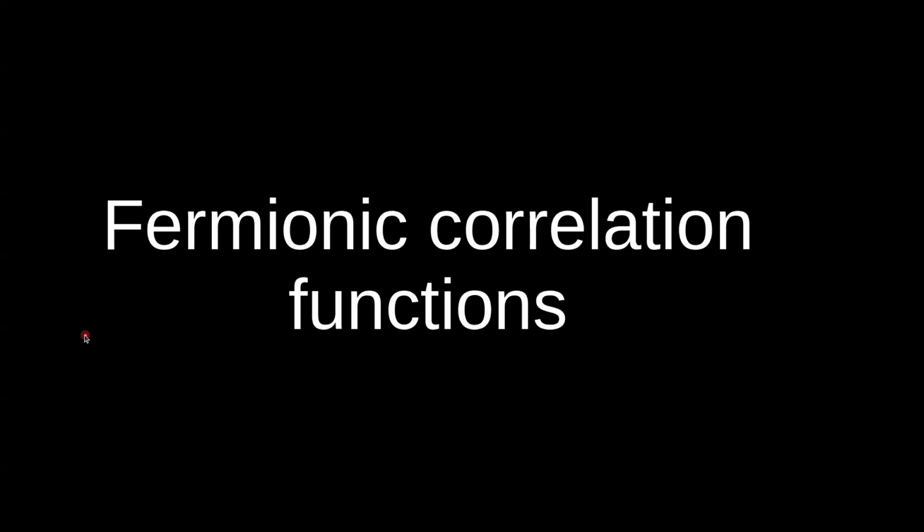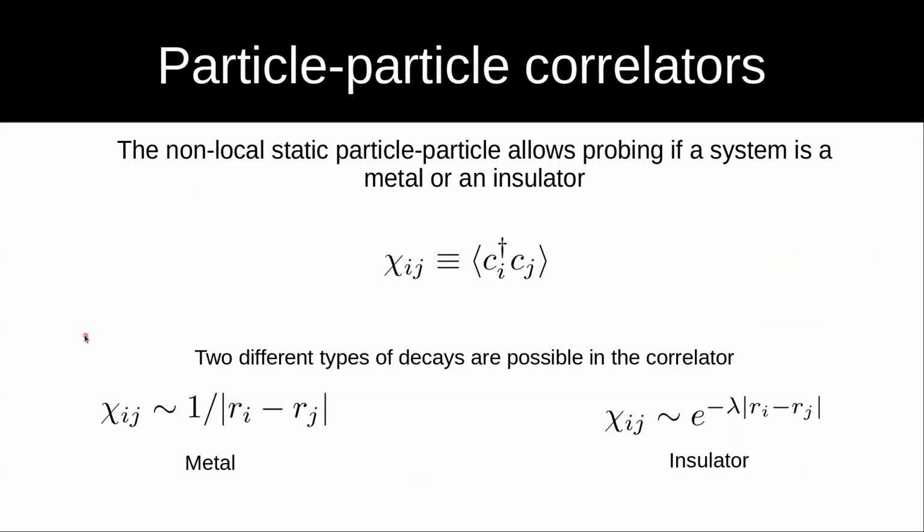Let us now look at some other way of observing a phase transition, which is by using fermionic correlation functions. The idea is relatively simple. From a perturbation theory point of view, you can think that this notion of putting a certain pinning field and measuring the density on the other side can be rephrased in terms of a Kubo formula.